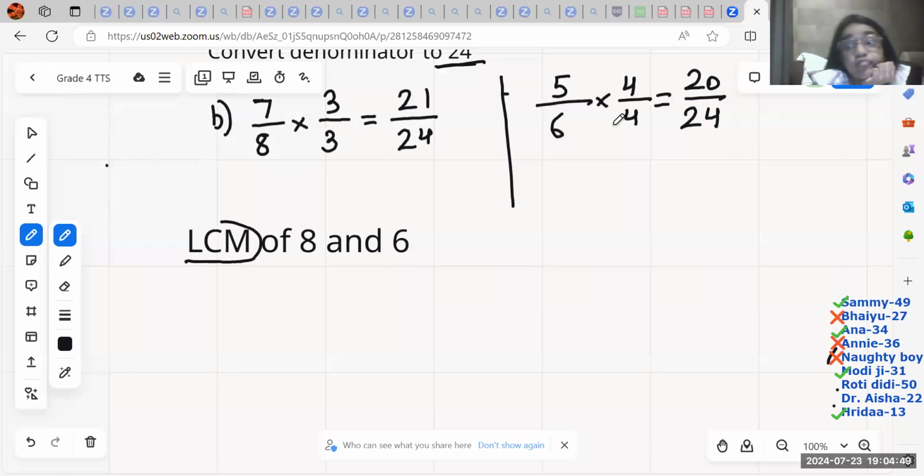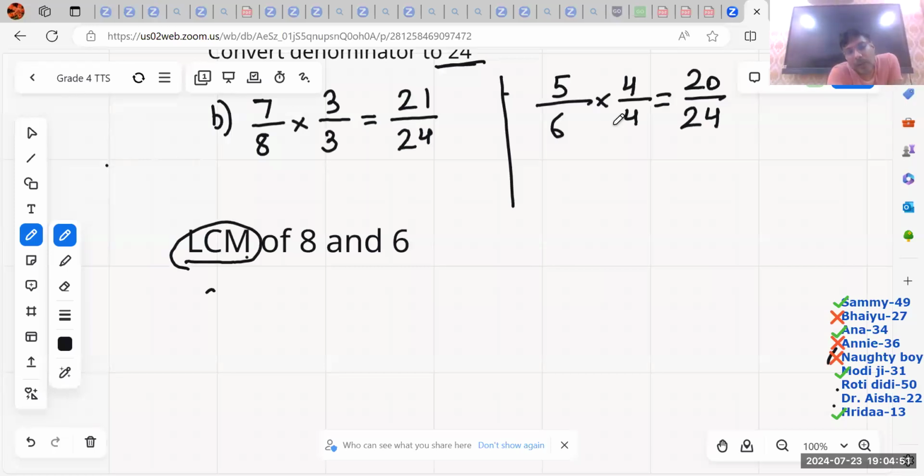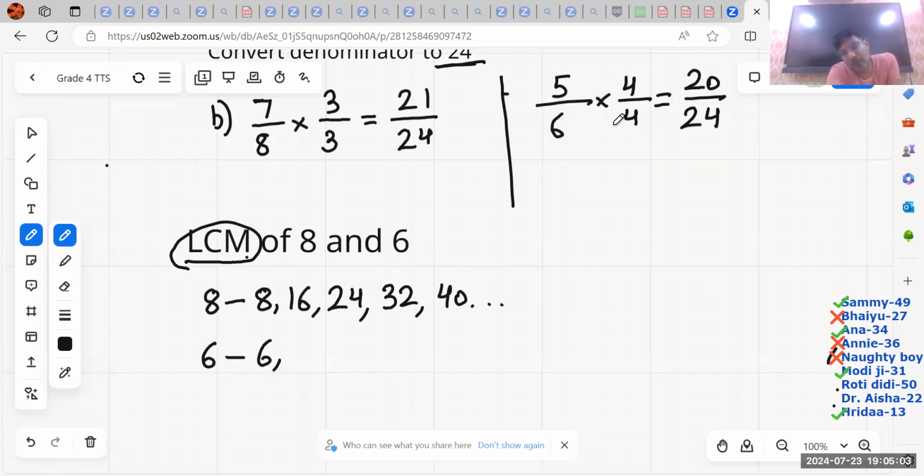See kids, LCM means multiples, multiple means table. So let's do the table of 8: 8, 16, 24, 32, 40 and so on. Table of 6: 6, 12, 18, 24. Since I got 24, my LCM is 24.